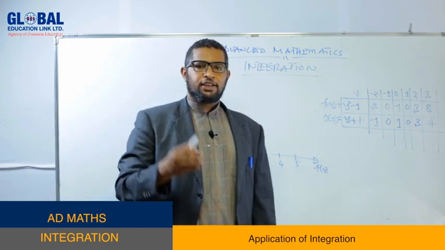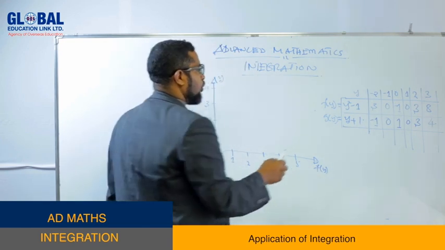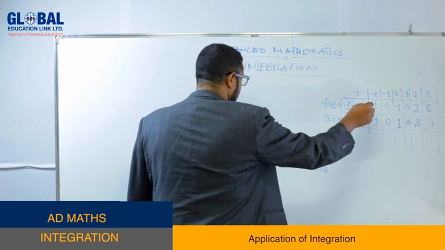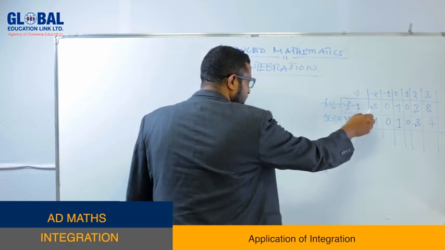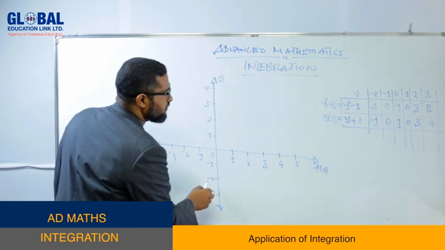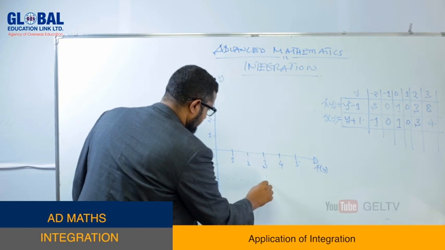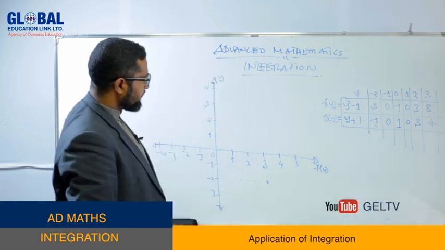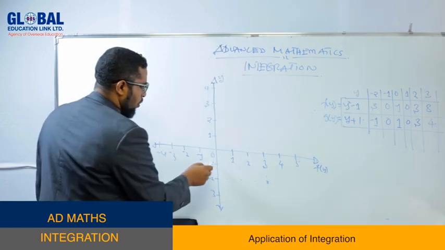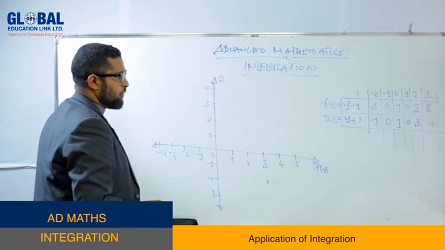Now let's transfer one point after another. So when y is negative 2, the y squared minus 1, or the f of y, is equal to 3. So when it is negative 2, we have the point there. When it is negative 1, the value is 0.